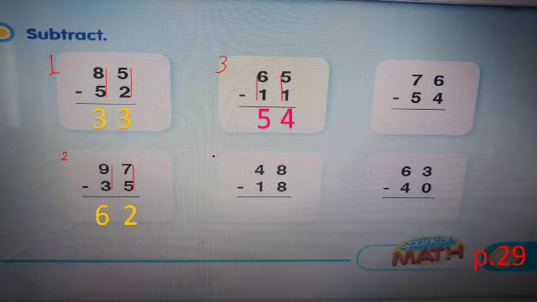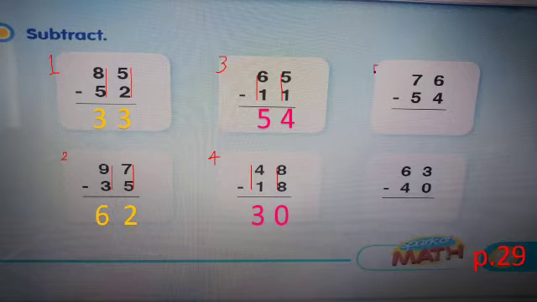Number 4, let's do it. We first subtract the ones, then we subtract the tens. 8 minus 8, 0, great. 4 minus 1 equals 3. So the answer is 30.